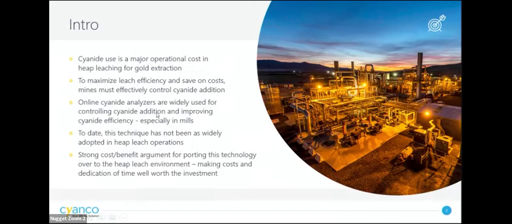So online cyanide analyzers are used in mill operations to control cyanide usage, and they have been very effective in controlling cyanide additions. And we believe there is an opportunity to use these cyanide analyzers in heap leach operations to achieve some cost reductions.